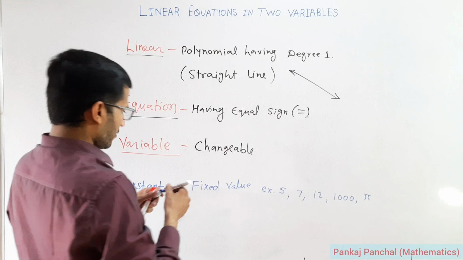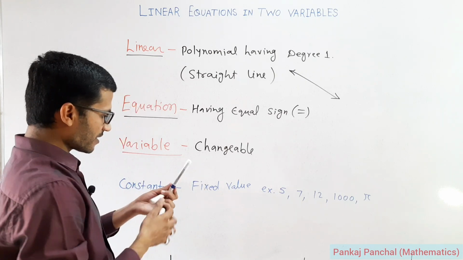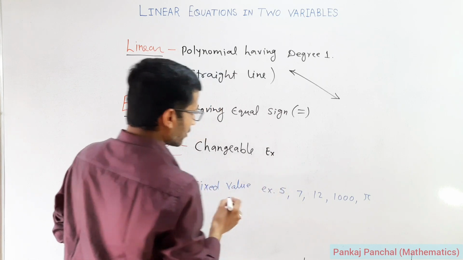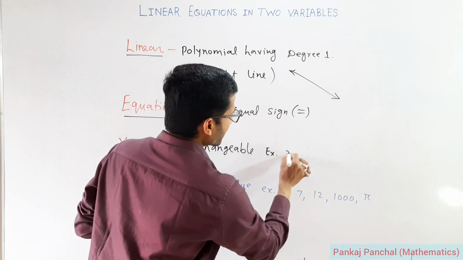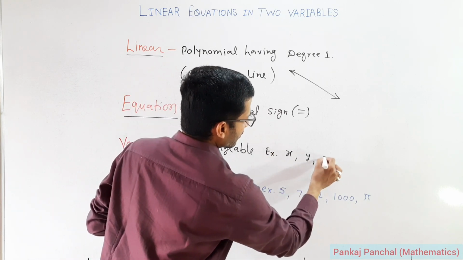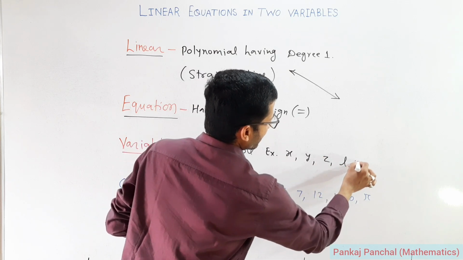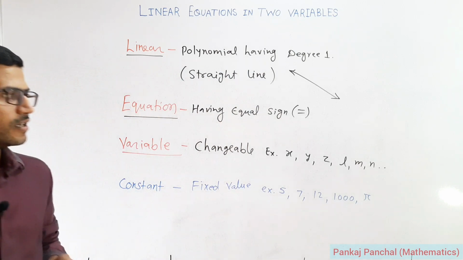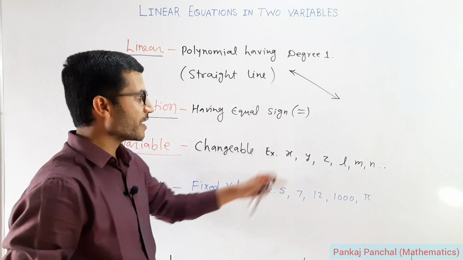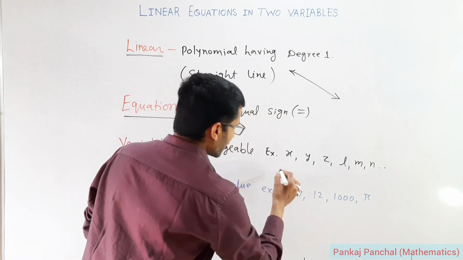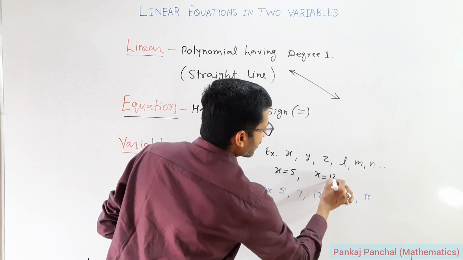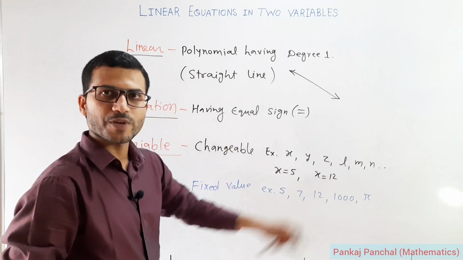But for the variable, we can take examples: x, y, z, l, m, n, or any symbols are known as variables. They can hold any value, means we can say x is equal to 5, we can say x is equal to 12, means the value of x is not fixed.